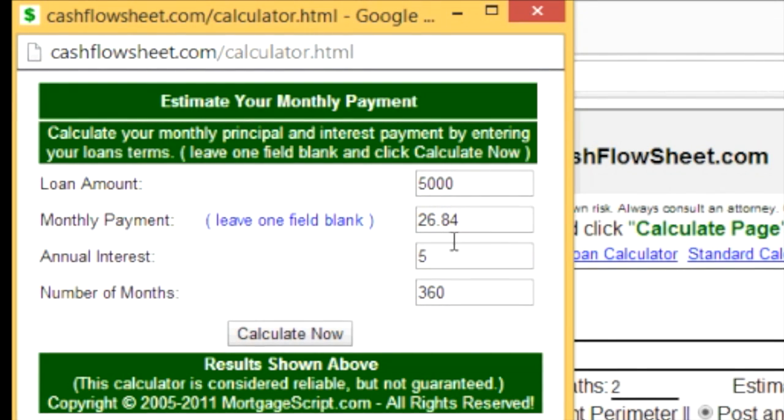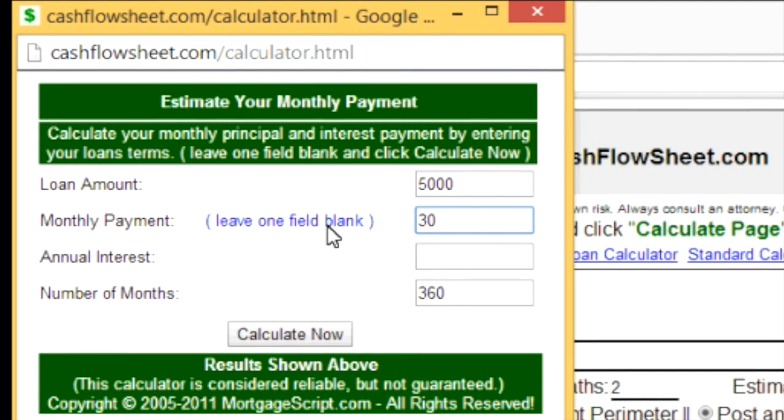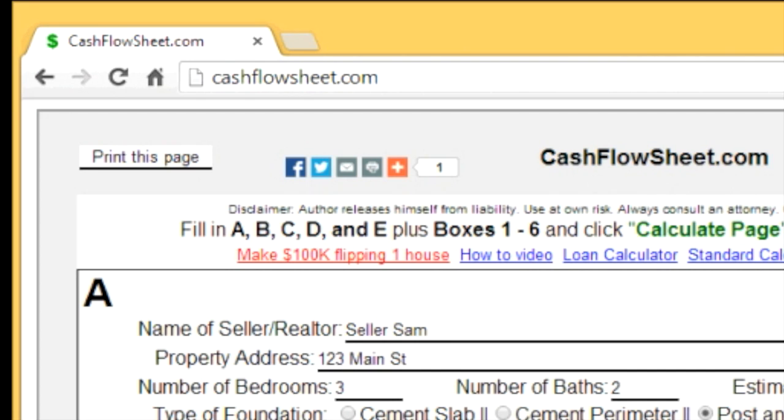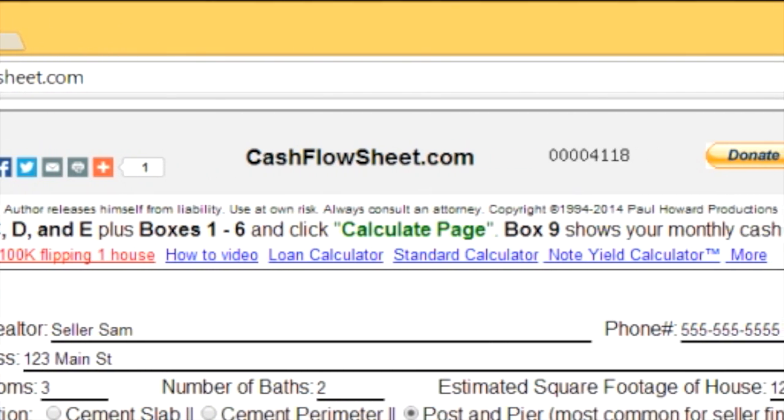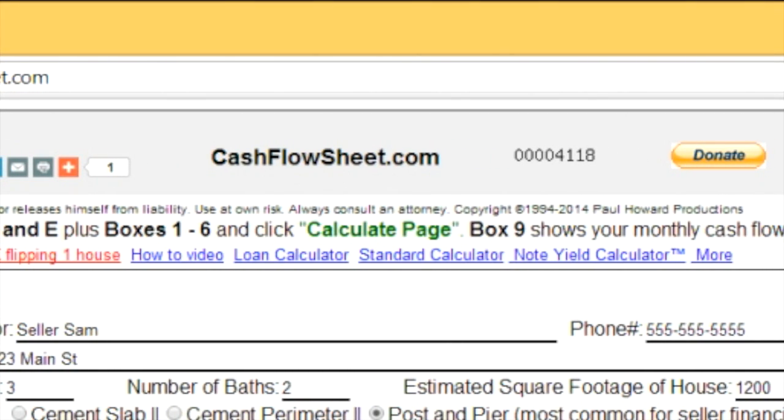And you can also find out what the interest rate is. Again, as long as you have 3 of the 4 loan terms, it will tell you what the missing loan term is. Very cool.